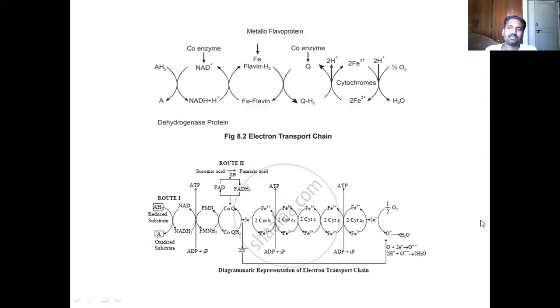What has happened because of the flow of electrons through ETC? What is the overall result of ETC?